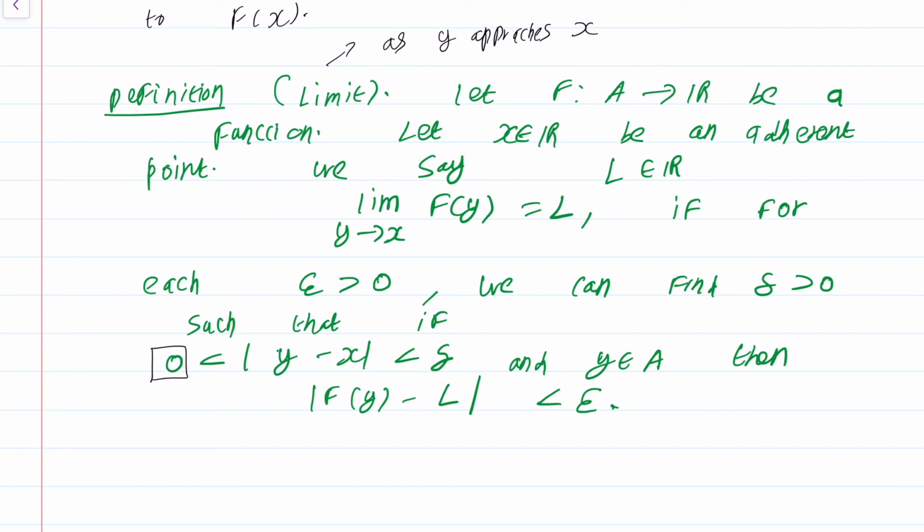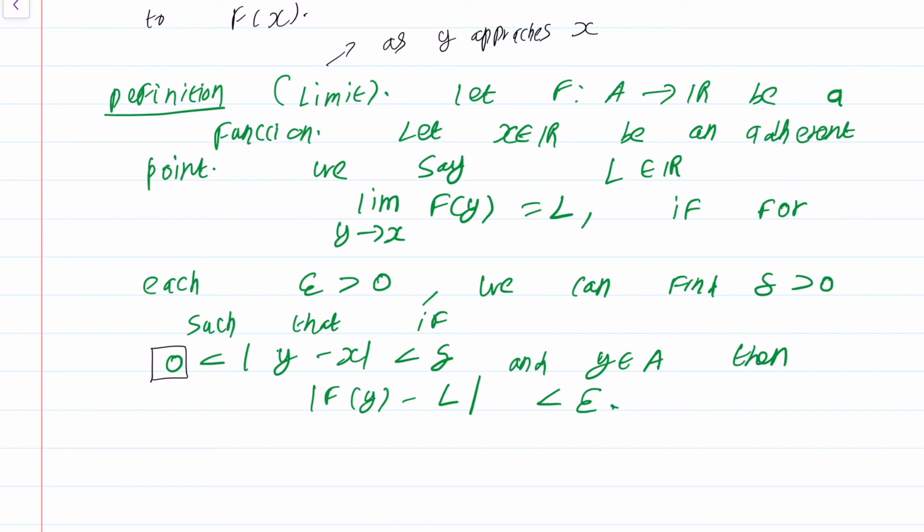We do not want to consider what happens at x in the definition of limit. We want to only consider what happens as you approach or tend to this point x. You don't want to consider the value at that particular point for considering limits. Okay, so this is the notion of limit as y approaches x.